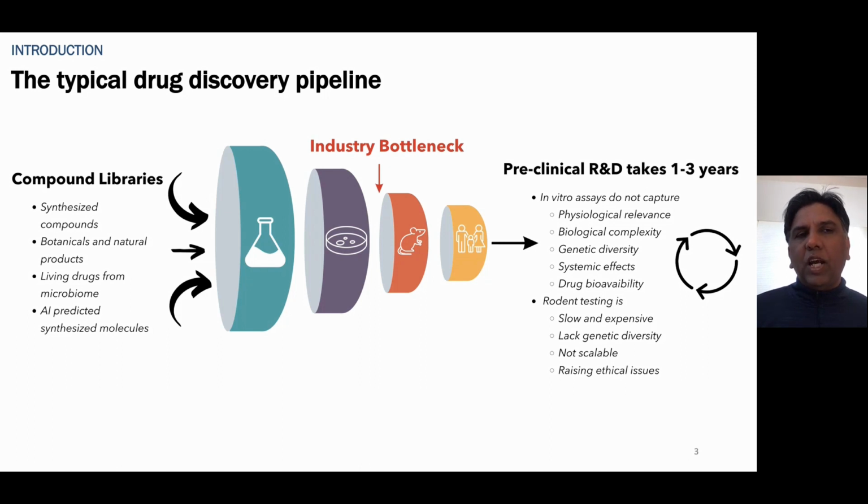The choice of these compounds has been extending significantly in recent years simply because of advances in microbiome and AI, in which case the size of the library could actually be large. So at some point, some downstream assays need to be done in terms of screening to evaluate the safety and efficacy and identify the lead hits. This process of preclinical R&D can take up to 3 years.